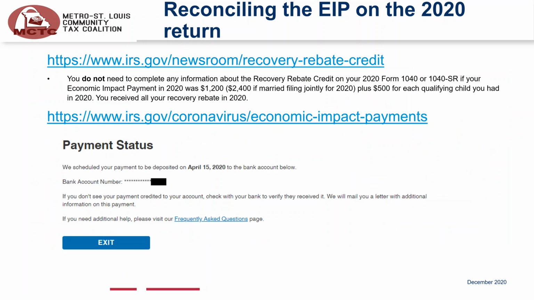Here again are a couple of web pages that talk about the payment. I think this was the one with information about how the client could identify what their payment was. Was there a web page that they could go to?